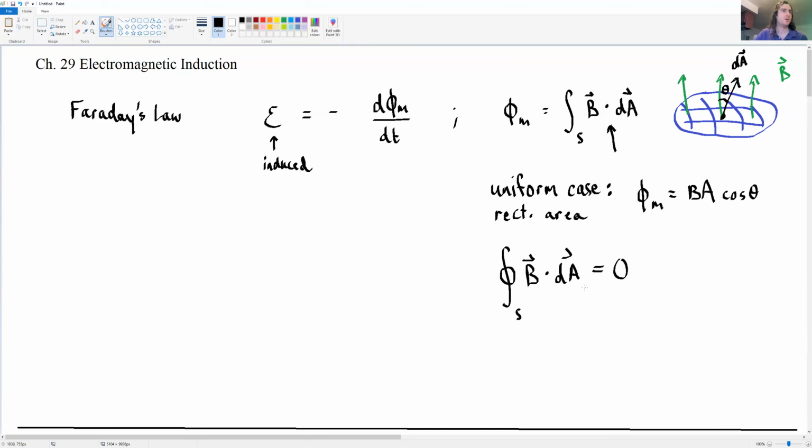Your book calls this Gauss's law for magnetic fields. This equation is not typically called Gauss's law for magnetic fields. This is actually the no-name equation. What was I saying? Gauss's law for magnetic fields. Let's go ahead and put B field here.